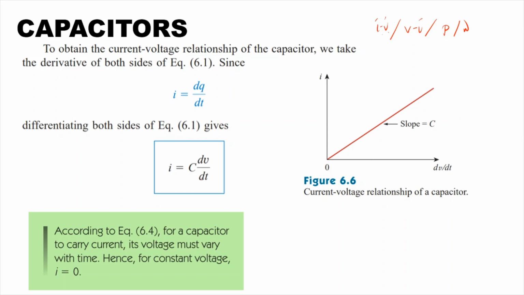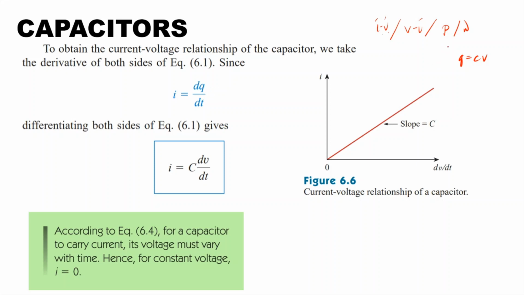So, umpisahan natin. To obtain the current voltage relationship of capacitor, we differentiate both sides. We know that I is equal to dQ over dt, right? Ano na yung meron tayong equation? That Q is equal to C times V. Okay. So, if I is dQ over dt, dati na natin equation yan.